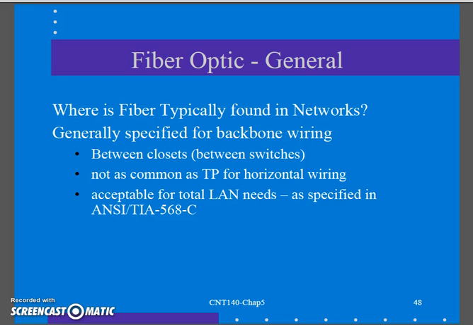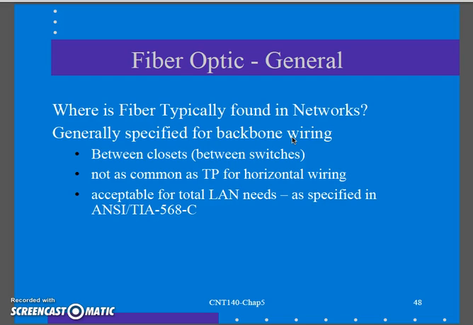I'm going to frame this in where are we typically going to find fiber optic in networks. Fiber optic is typically used for your WAN connections between facilities, but if I'm talking LAN in my building, where I'm typically going to find it is in my backbone wiring. Up until now, we've been talking everything copper: patch cables to the outlet on the wall, copper horizontal cabling, copper patch cables from the patch panel to the switch. So in my LAN, in my building, where am I probably going to find fiber optic?